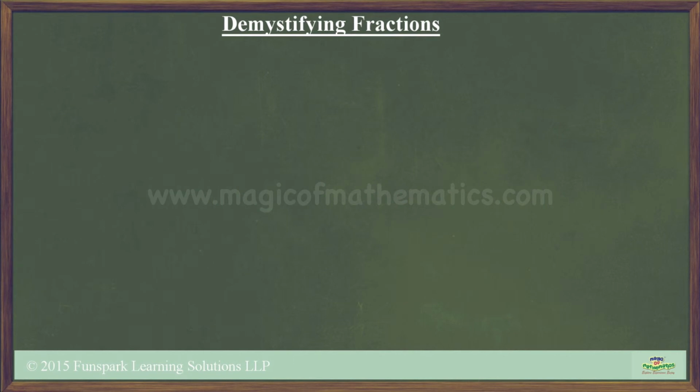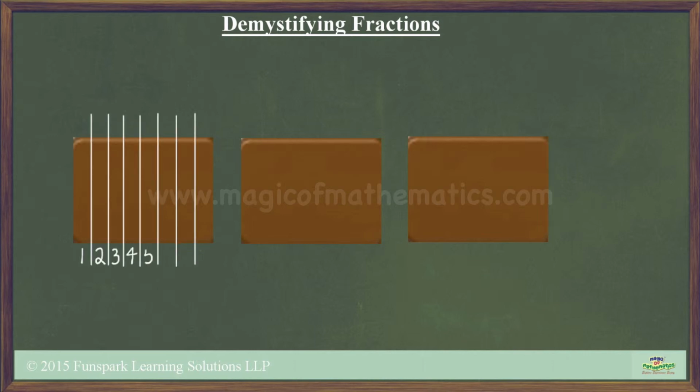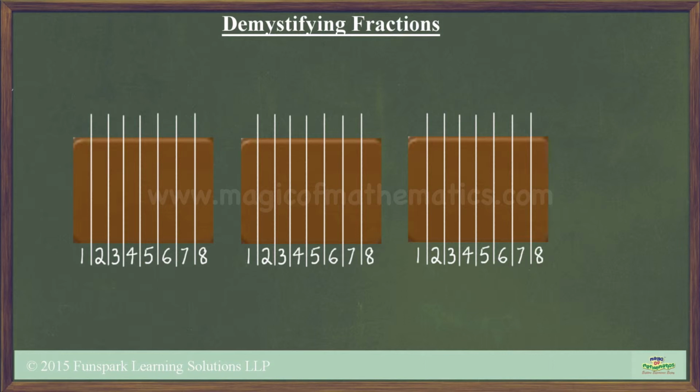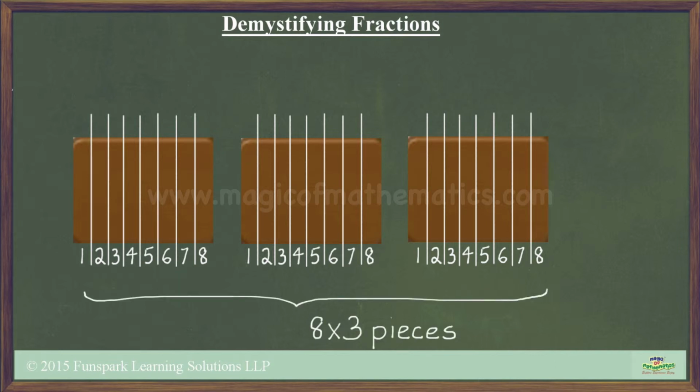As before, we have 3 pieces of chocolate which we have obtained by cutting a chocolate into 3 equal pieces. Let us cut the first piece into 8 equal pieces, followed by the second piece and then the third piece. As you can observe, we have cut the original chocolate into 8 times 3 equal pieces.